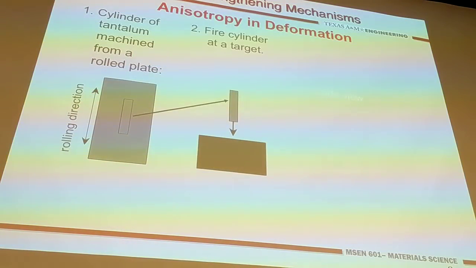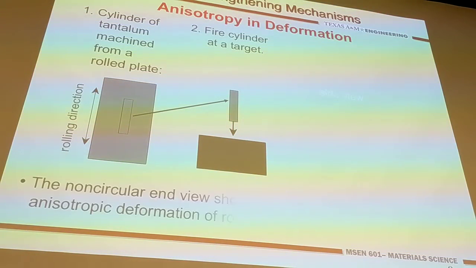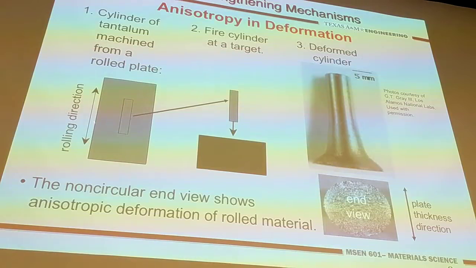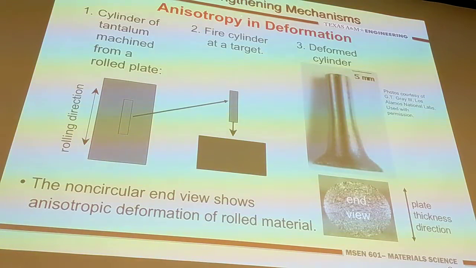For an example of how you can achieve such a case, you can have, for example, a cylinder of tungsten machined from a rolled plate, and then fire the cylinder towards the target, and obviously at the front you will generate a highly deformed region. In this case, along the vertical direction versus the horizontal direction, the property will be different.